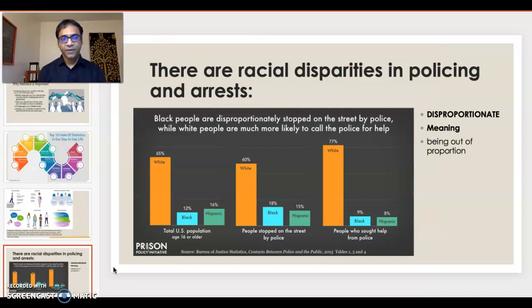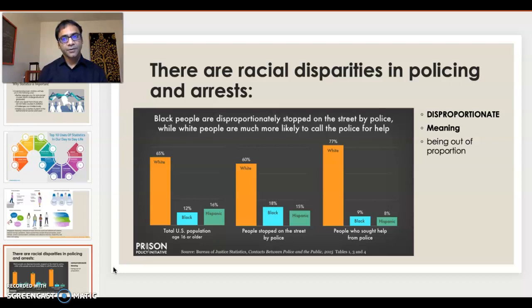This is another example, from the Prison Policy Institute, and this particular graph shows Black people are disproportionately stopped on the street by police, while white people are much more likely to call police for help. This word disproportionate will be quite common in a lot of interpretation when you read articles online, or a journal article.